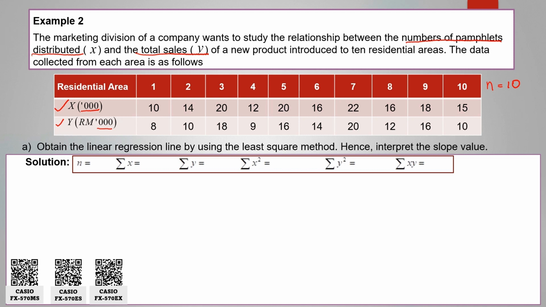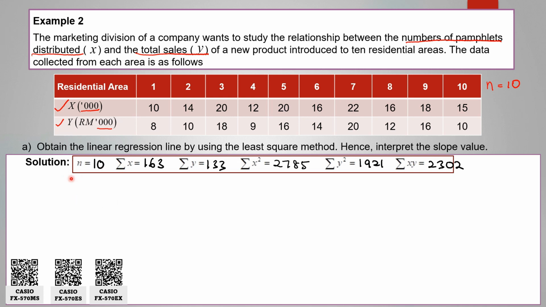Again, you need to scan the QR code here in order to find all the summations and list them. These are the summations you will get from your calculator: n equals 10, summation x is 163, summation y is 133, summation x squared is 2785, summation y squared is 1921, and summation xy is 2302.